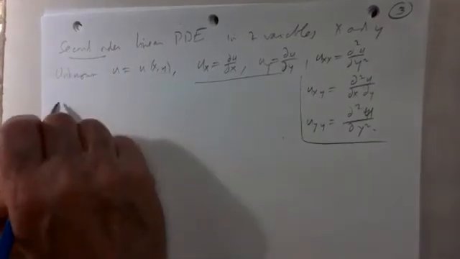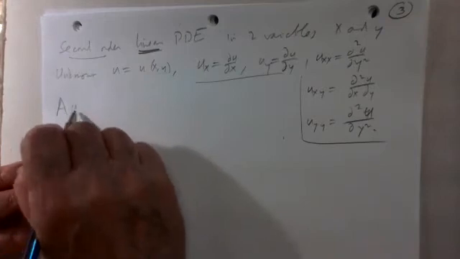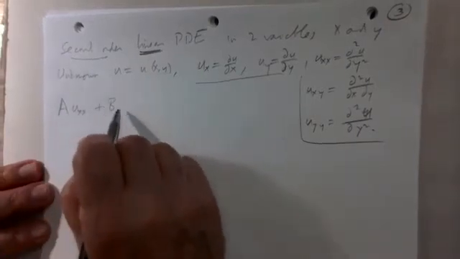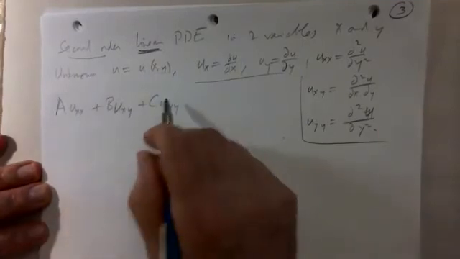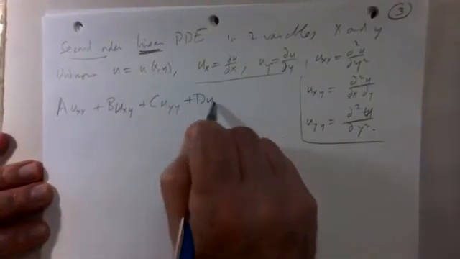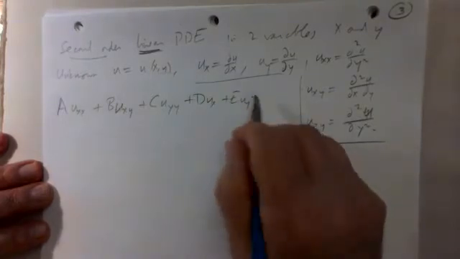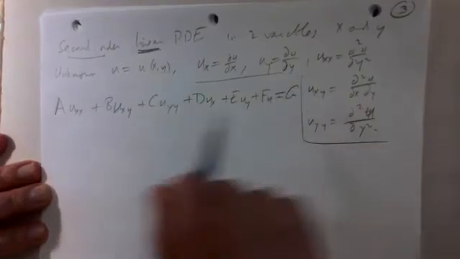So if it's linear, it's going to be some function a, not necessarily a constant, times the second partial of u with respect to x, plus b times the mixed partial, plus c times the second partial of u with respect to y, plus the two first partials, plus f times u equals some function.